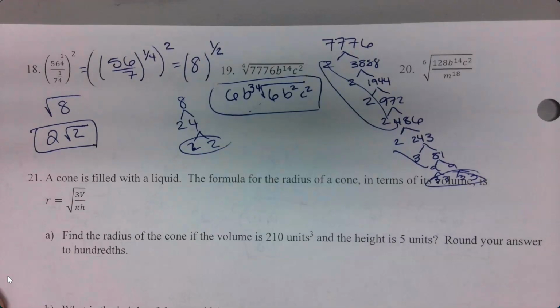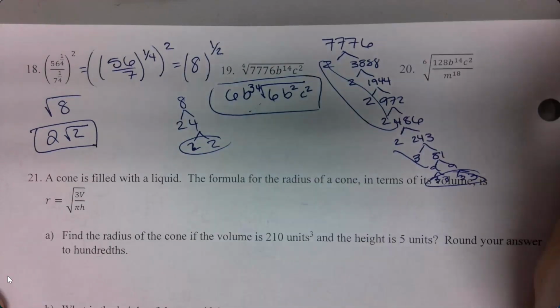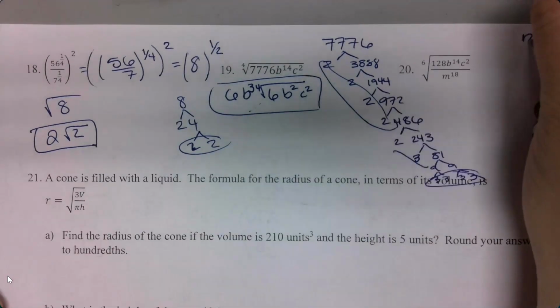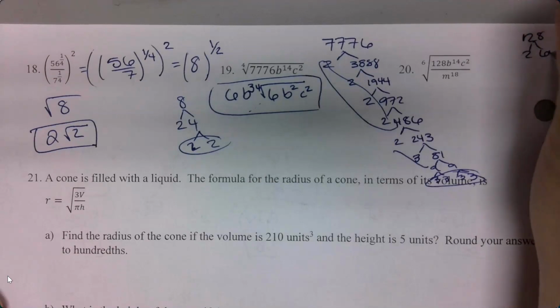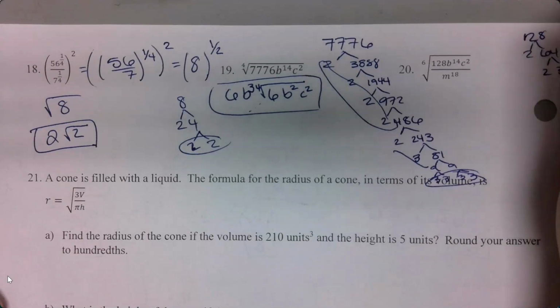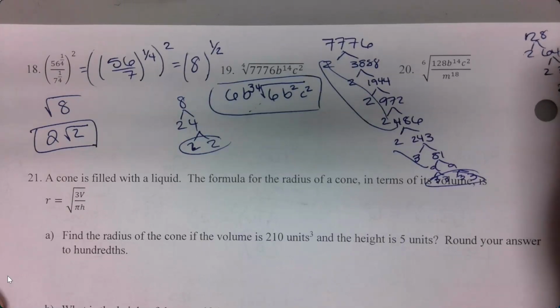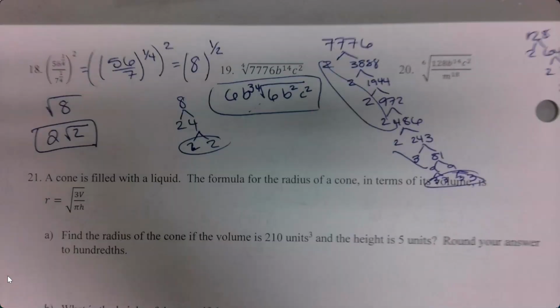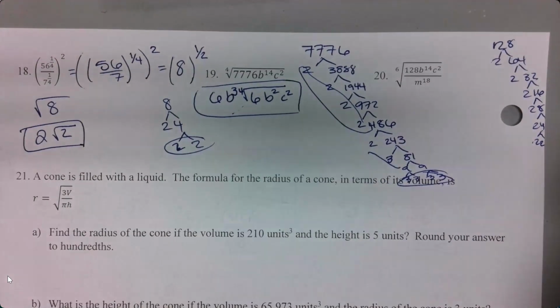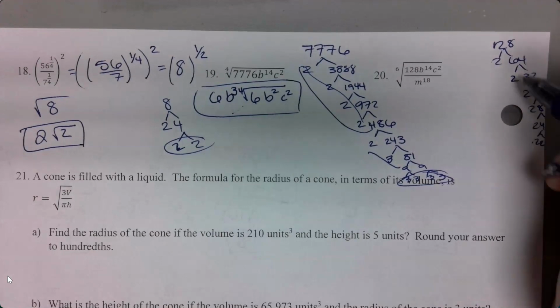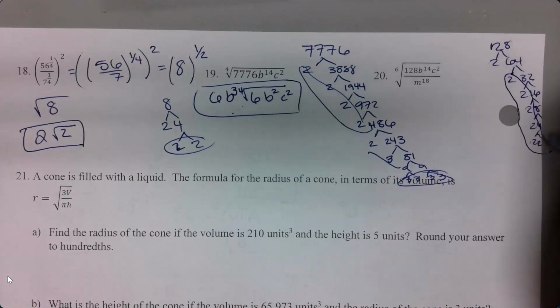Same idea on 20. 128 factor trees into 2 and 64, 2 and 32, 2 and 16, 2 and 8, 2 and 4, and 2 and 2. That's all I have to do. There you go. I wanted a group of 6, so there's 6 right there.